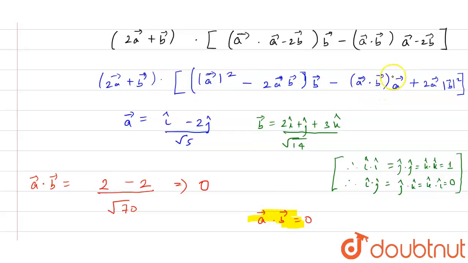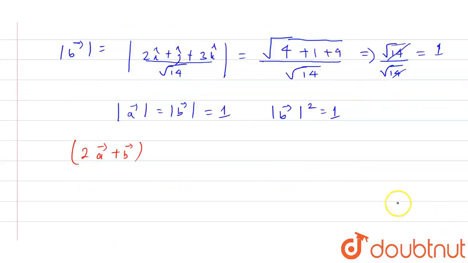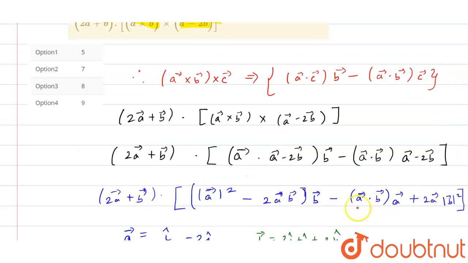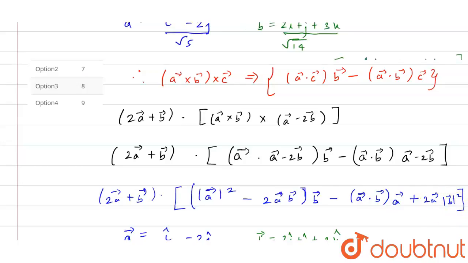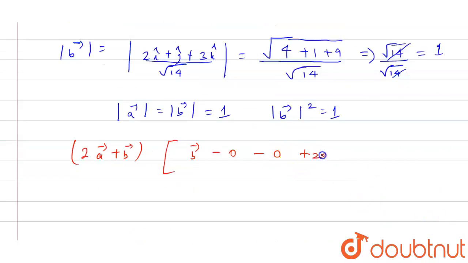Similarly, this a vector dot b vector term will also become 0. So we get b vector minus 0 minus 0, because 2a vector dot b vector becomes 0 and a vector dot b vector becomes 0. And lastly, plus 2a vector times the modulus of b whole square, which is 1, so we get plus 2a vector.